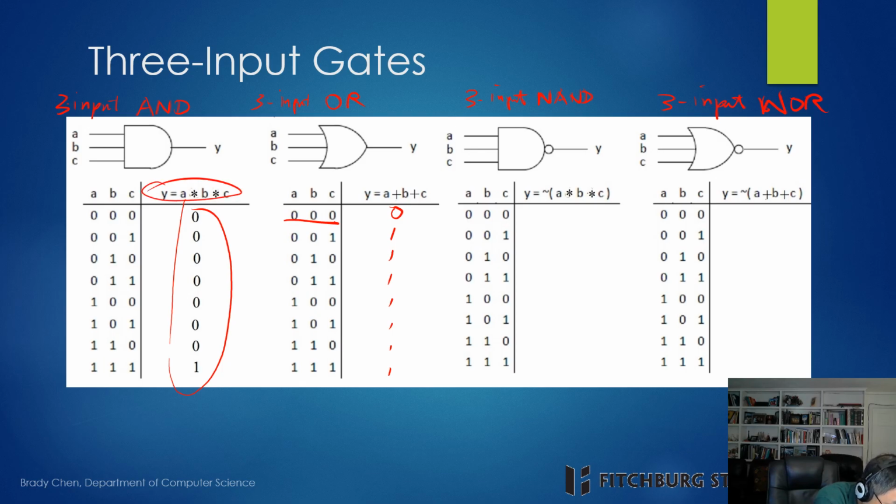So since it's all 0 here and the last one is 1, then it's the opposite. And the 3 input NOR gate is the opposite of the 3 input OR gate. So you get a 1 here, and then you get a 0 for the rest.